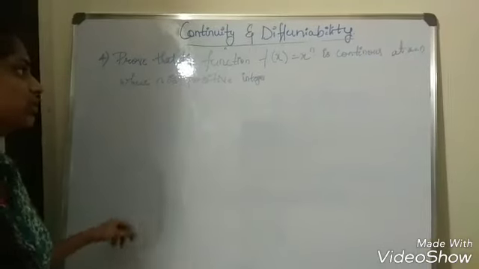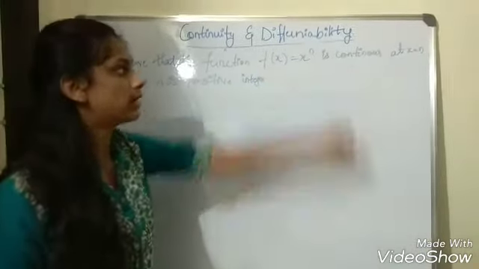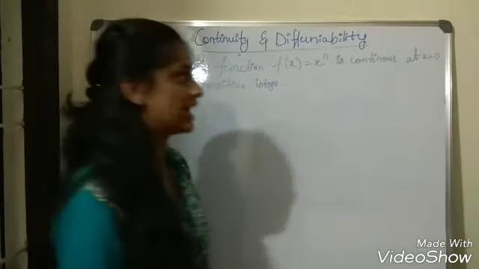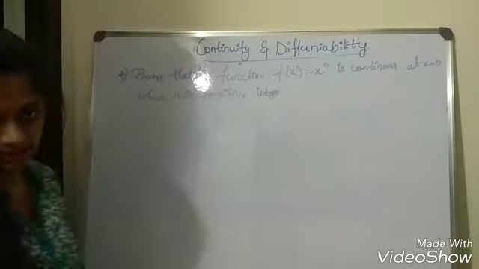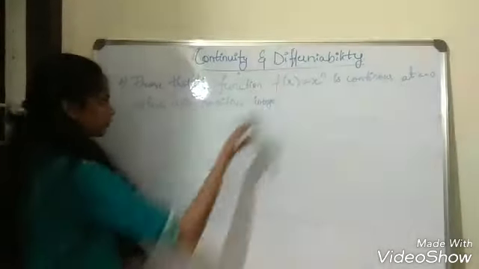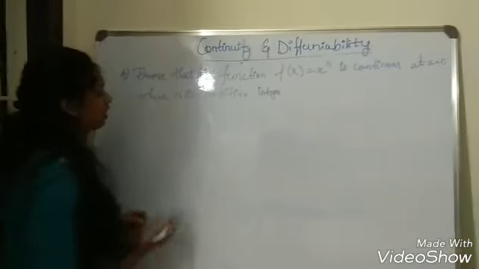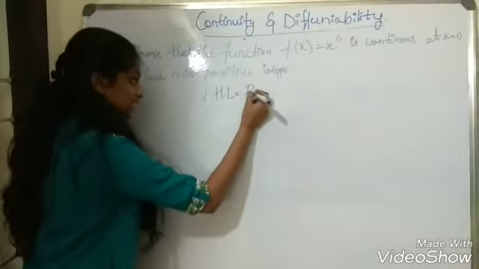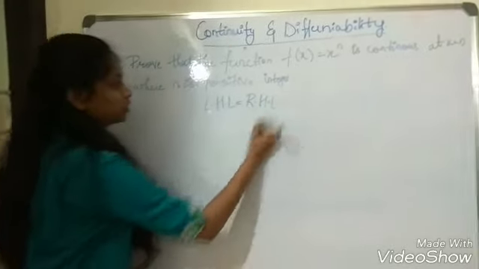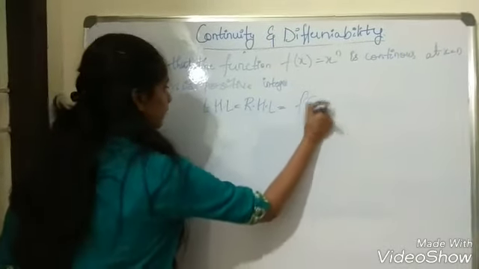We have to prove the function f(x) is equal to x to the power n is continuous at x is equal to n, where n is a positive integer. As we know, to prove any function is continuous or not, we have to show that its left hand limit should be equal to its right hand limit, which should be equal to f(a).